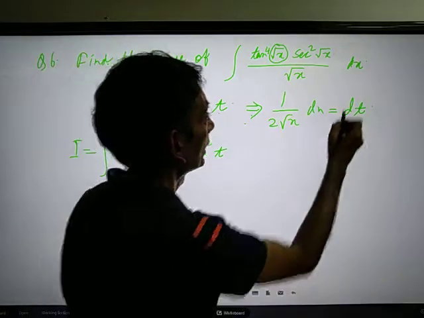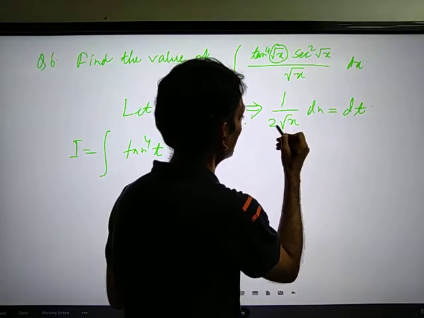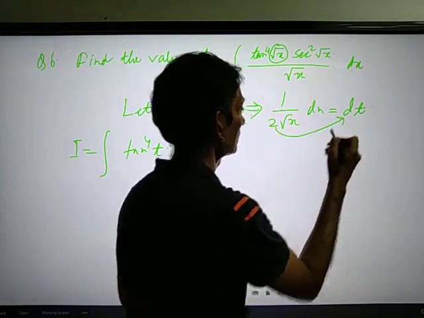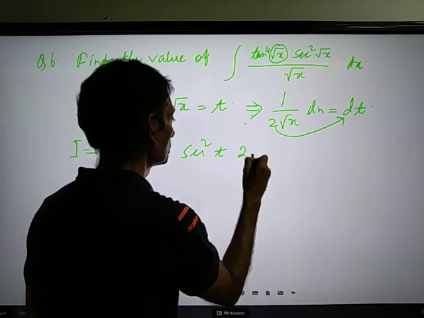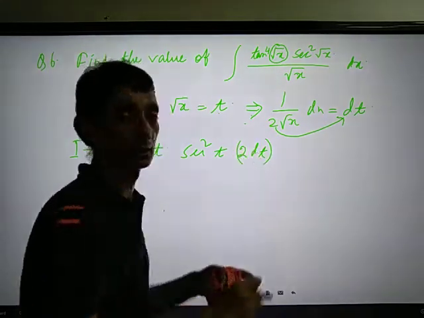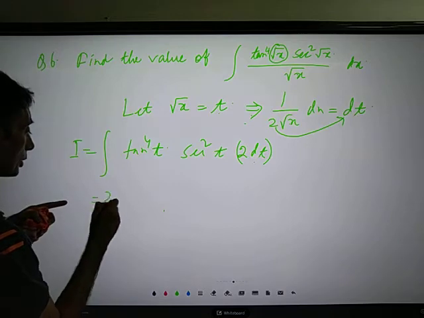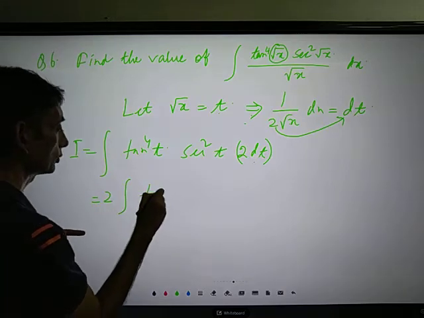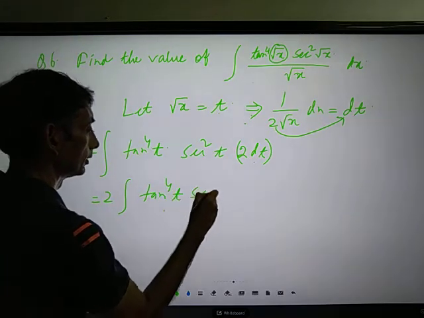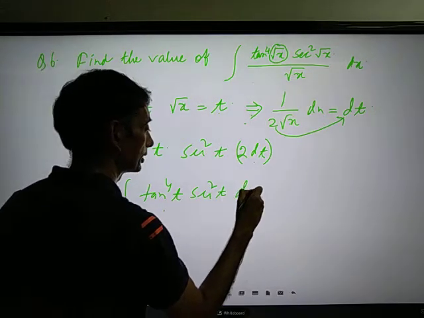What is left out is dx by root x, which is 2 dt. So I can take 2 out, and it will be 10 to the power 4t sec square t dt.